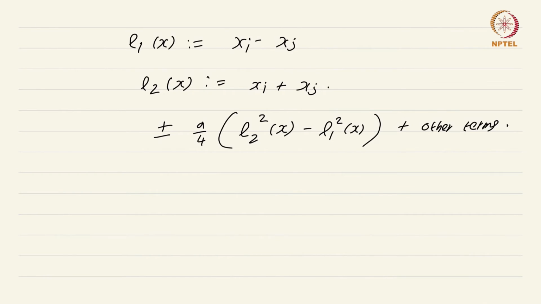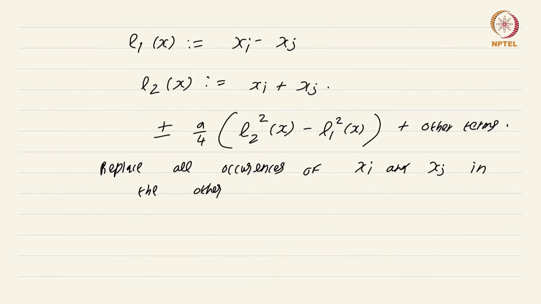Now what you do is replace all occurrences of xi and xj in the other terms by combinations of L1 of x and L2 of x.